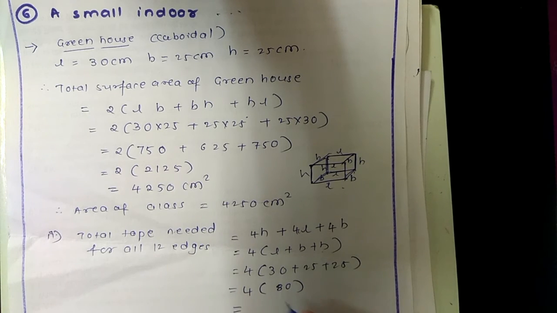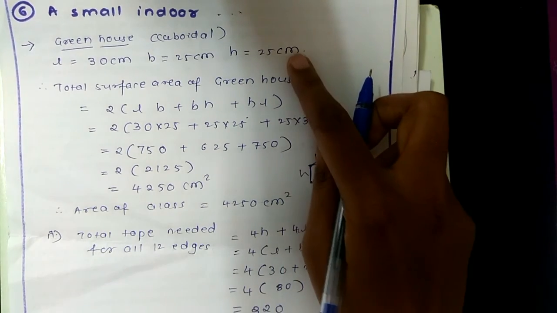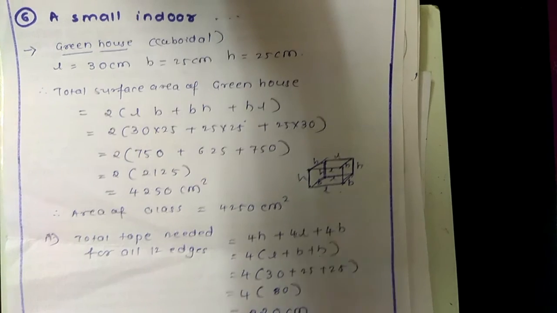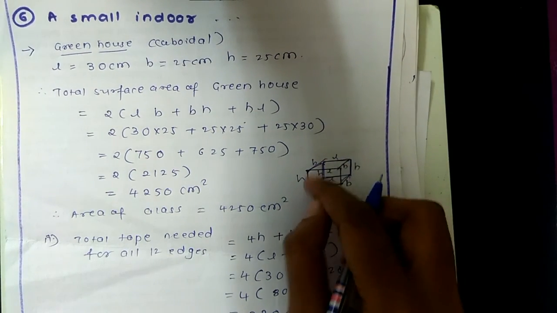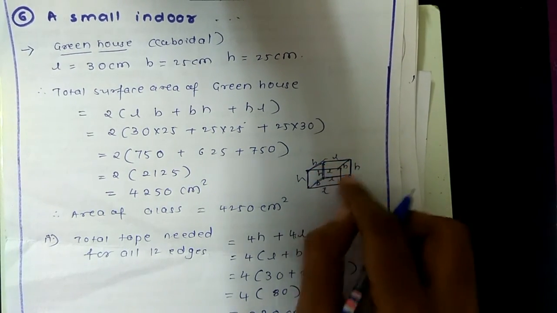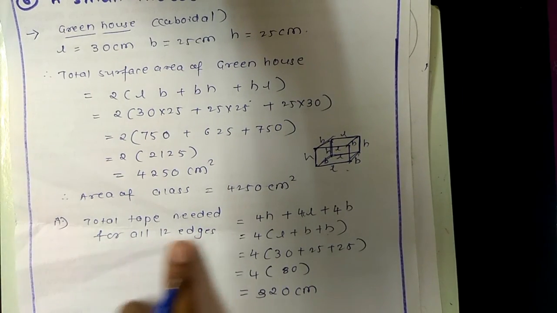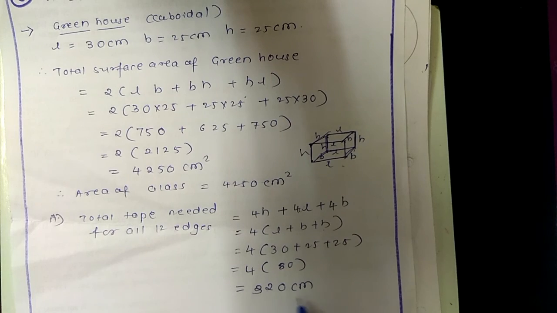So 8 4s are 32 and a 0, that is 320. L, B, H are in centimeter, so this many centimeters of tape is needed to join the walls or the surfaces of the glass house. So total tape needed for all the 12 edges is 320 centimeter.